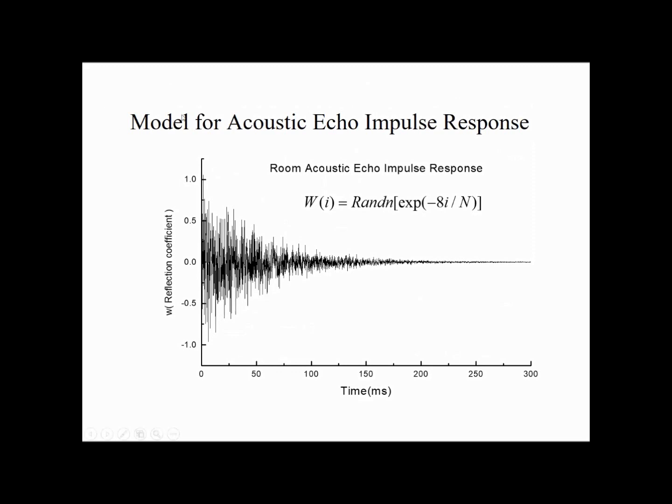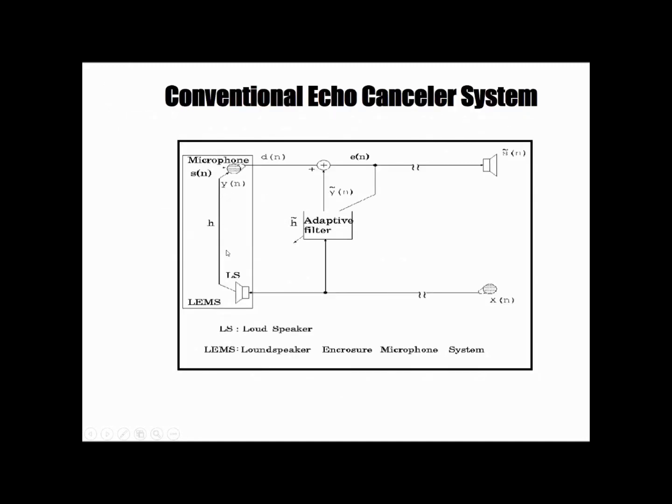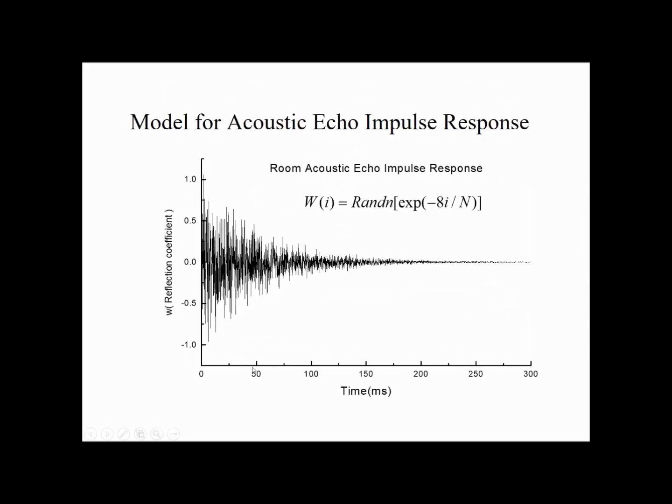For the model of the acoustic canceller, of course we can measure this acoustic path in an actual system, but for simulation, we use a room acoustic impulse response representation, for instance a random signal decaying exponentially.